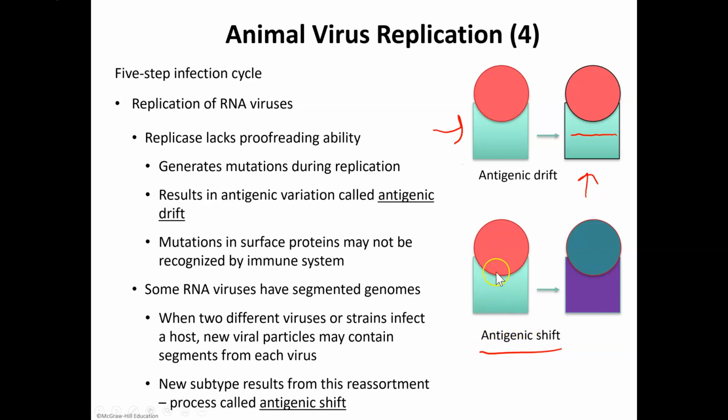In this case, the immune system recognizes, again, this pathogen here, this is the virus, but if it changes completely, where now it looks very different, then that's known as antigenic shift, and the immune system will not recognize this at all. So this is a brand new pathogen the immune system doesn't recognize and can't produce any protection against. It would have to start from scratch on this one.